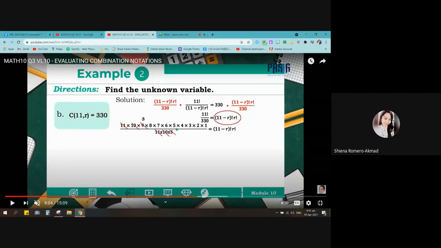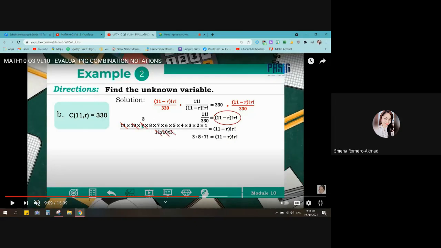Kasi ang goal natin is not to leave na kulang yung ating factorial. So, ang ginawa natin, sanay natin siya finactor out or dinivide yung 3 sa denominator. Para mas madaling solve.